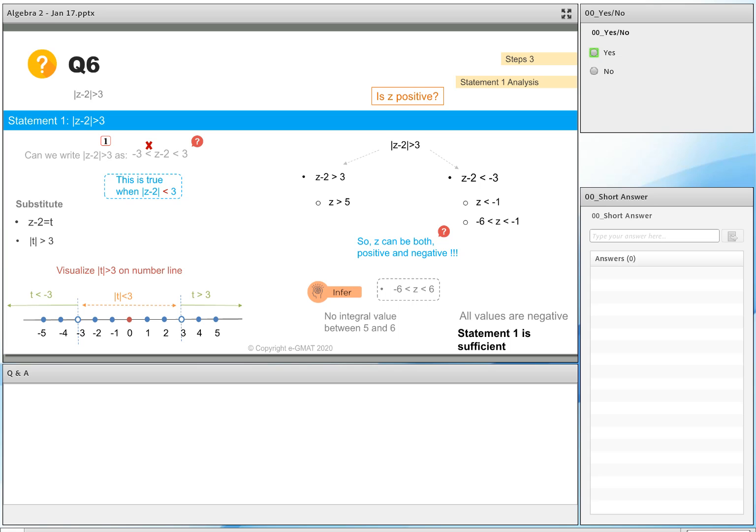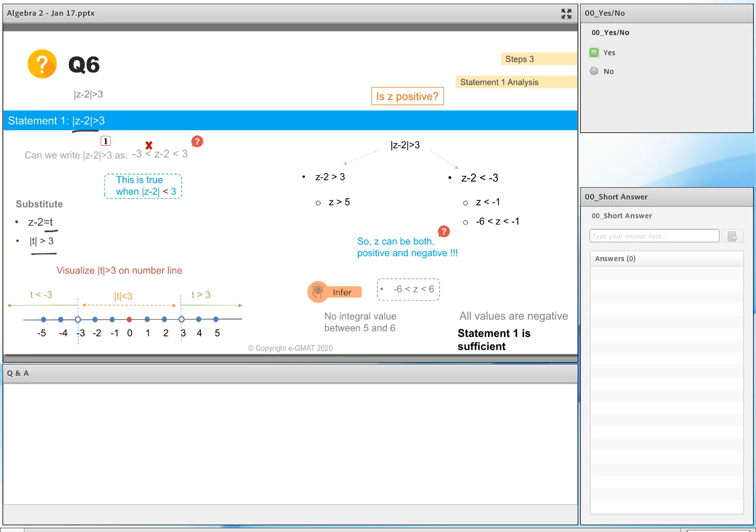The first statement tells me that mod of z minus 2 is greater than 3, right? And we'll solve it with the same process. If mod of z minus 2 is greater than 3, we'll consider z minus 2 to be equal to t, and we know that mod of t is greater than 3, but we do not need the value of t, so we'll have to substitute at the end.